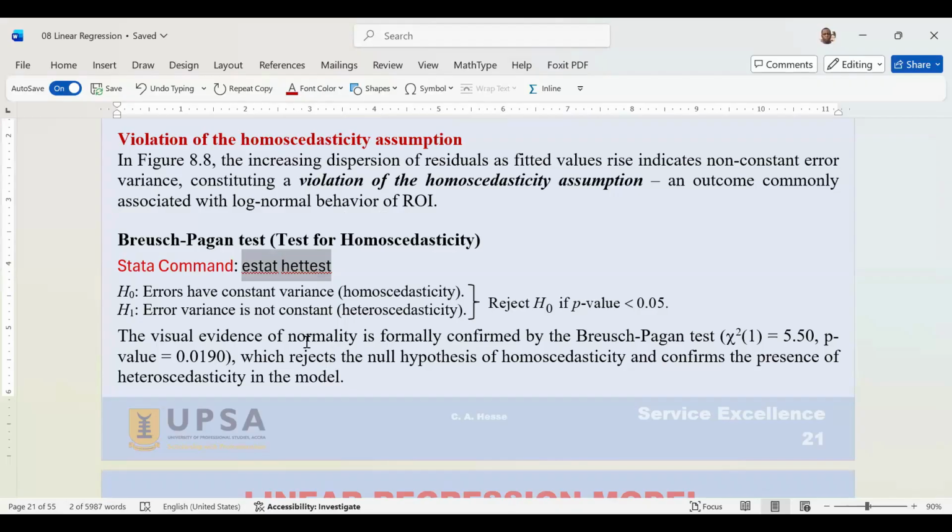It means the variance in the error term is constant. When they are constant, then we say there is homoscedasticity. When they are not constant, then there's heteroscedasticity.